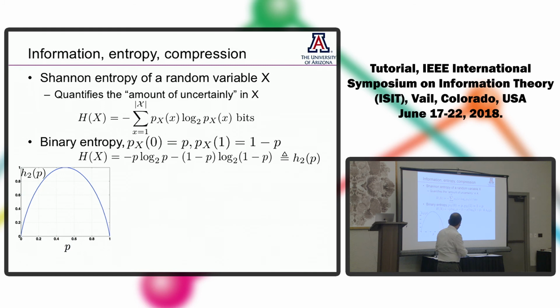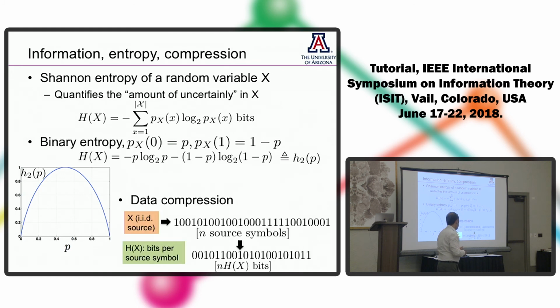This H of X has an operational interpretation that Shannon proved in his data compression theorem, which, again, I'm sure all of you know. X produces a sequence of n source symbols. Each of these ones or zeros comes out with probability p or 1 minus p.